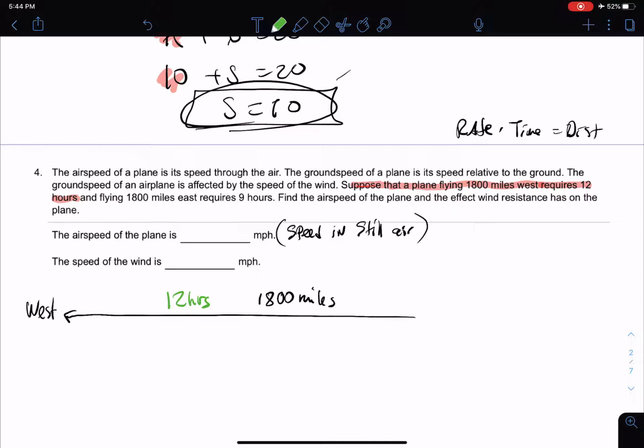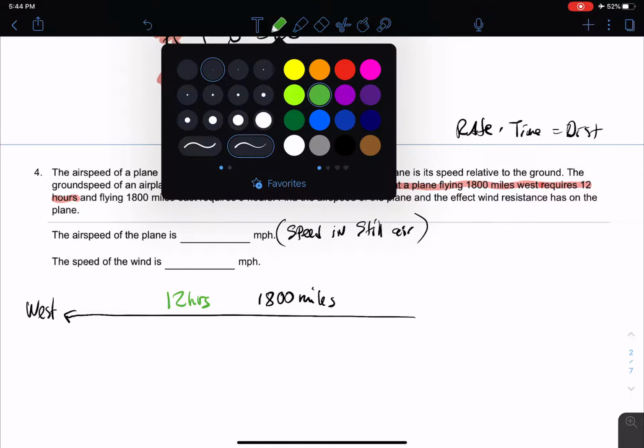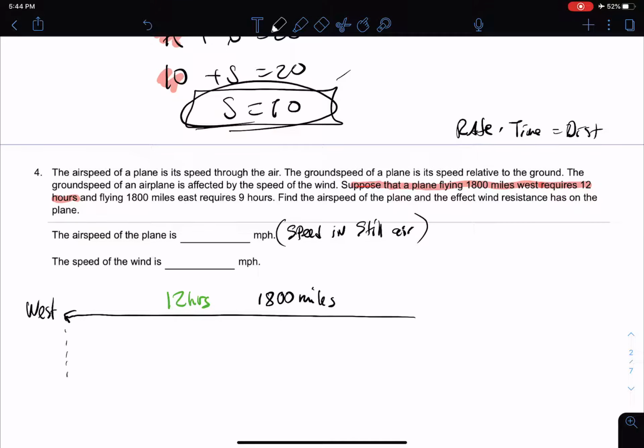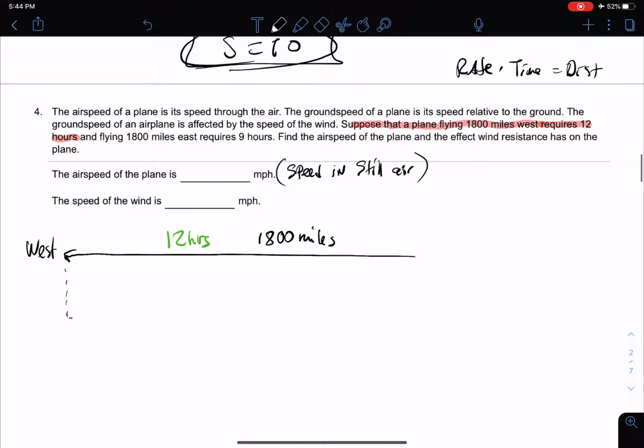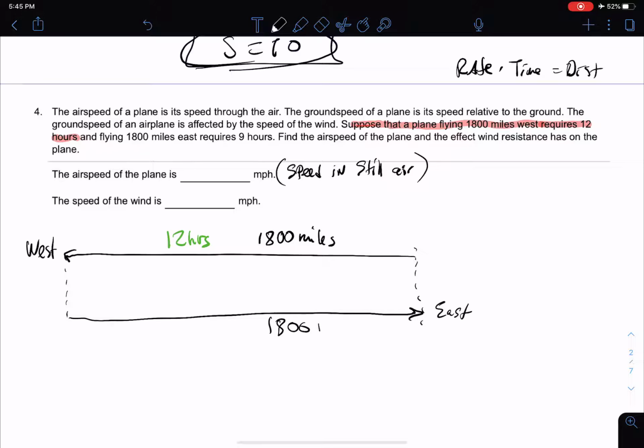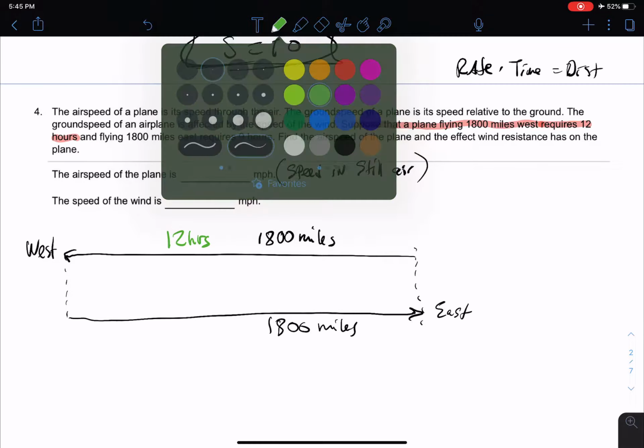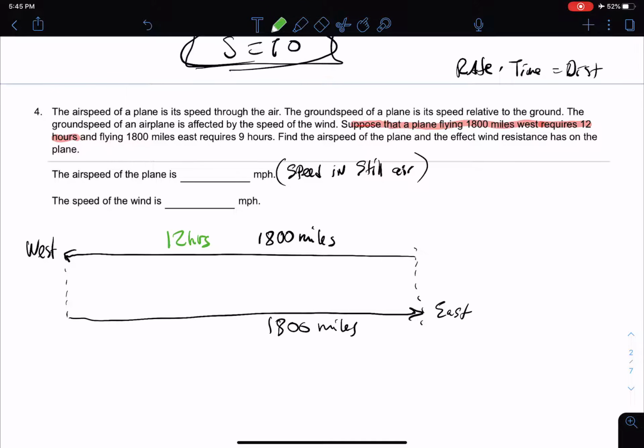And flying 1,800 miles east, so then we turn around and they're going east. Of course, the distance is still the same. And now the time changes. So why is the time changing? It takes 9 hours.